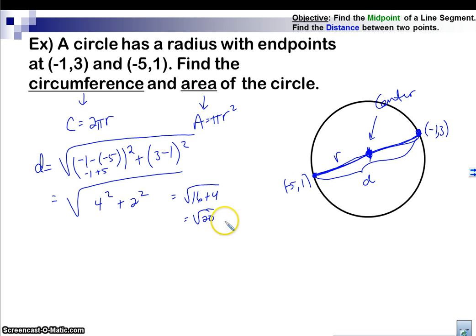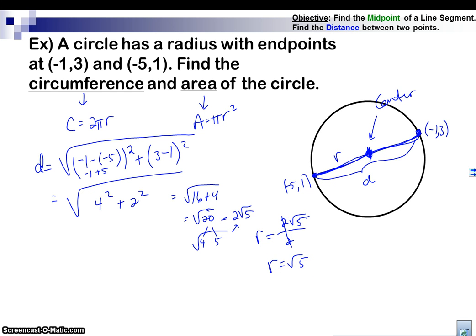Okay, so that is going to be 2 root 5 when I simplify that, because remember this is 4 and this is 5. Let's square root that, get 2 root 5. So then I would need to take that and divide. This is the diameter, right? So I'm going to divide that by 2 to get my radius. So my radius is square root of 5.